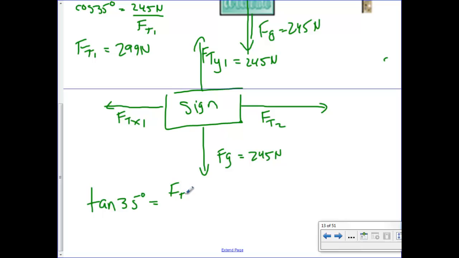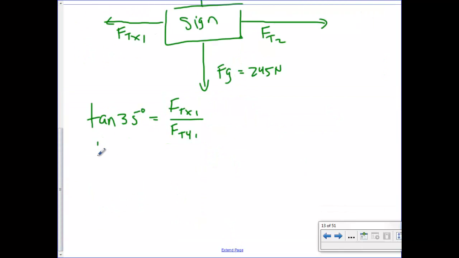The opposite then would be F tension X over adjacent would have been F tension Y. Although I knew F tension Y, didn't I? That was the 245. So tan of 35 degrees would equal the F tension X over 245 newtons.